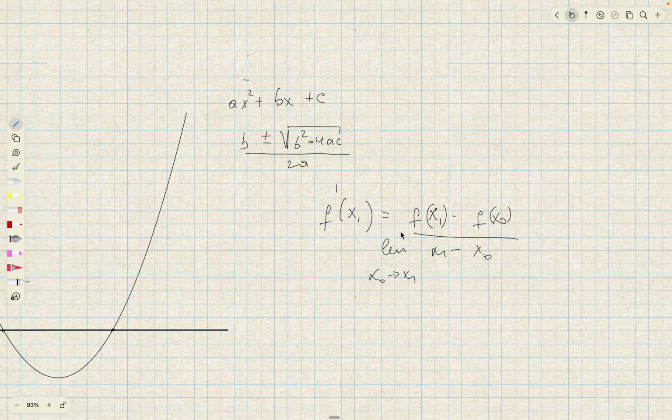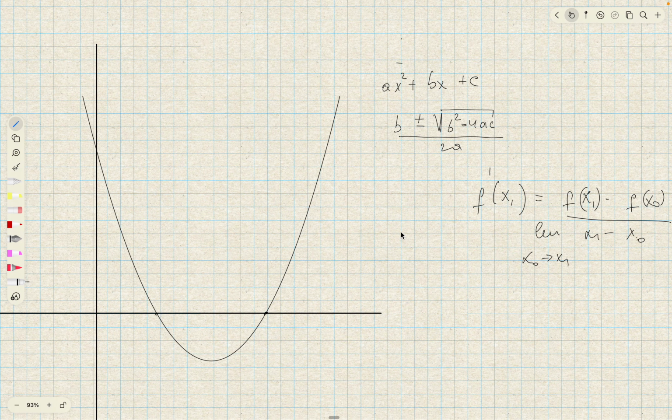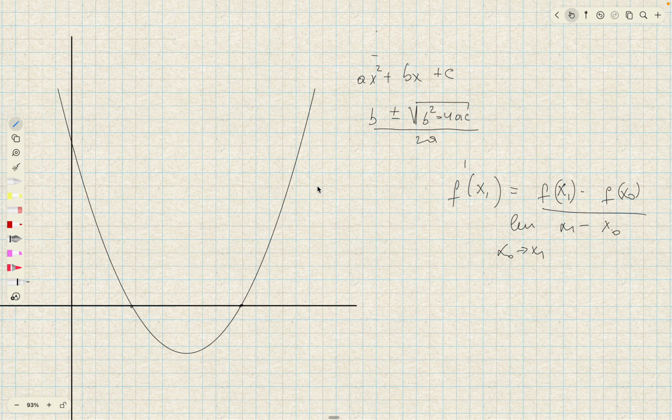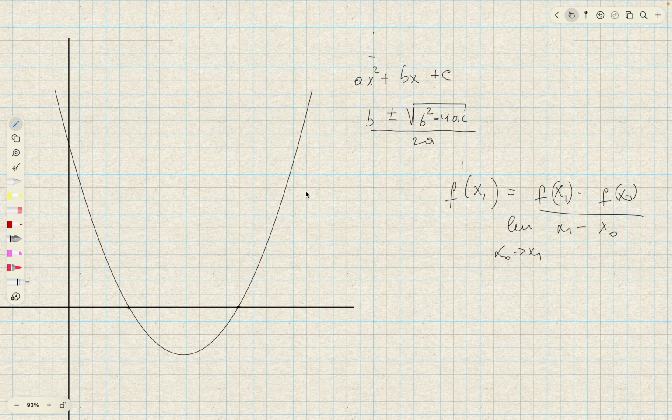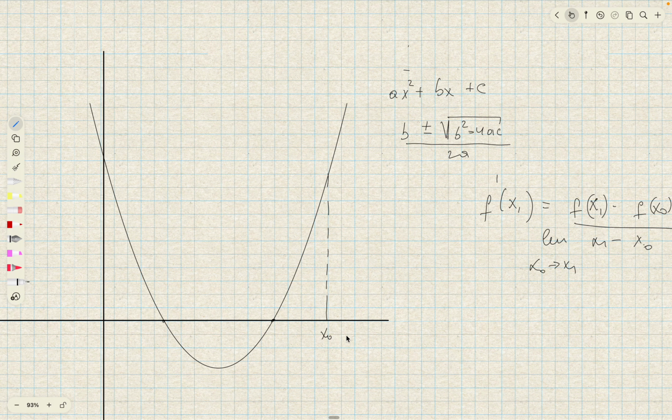So what does it mean geometrically? For example, we have a point x0, let's say it's here, and this is f(x0).